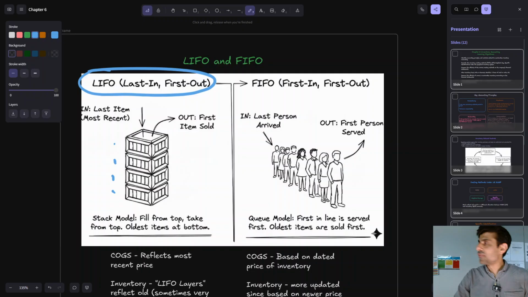And how do you cost the inventory? You just take whatever is on the top. Whatever comes in goes on top, and whatever is being sold comes off the top. You can think about it like a stack of boxes.